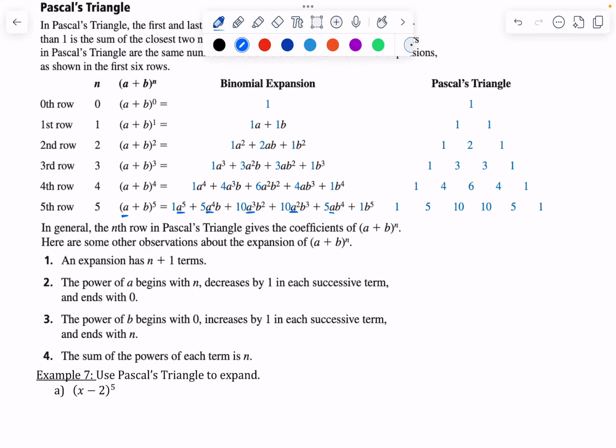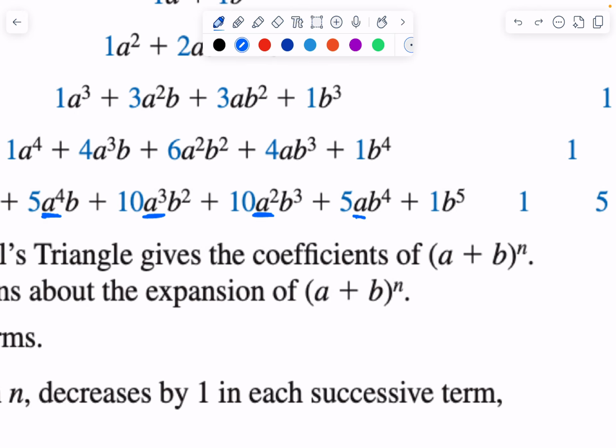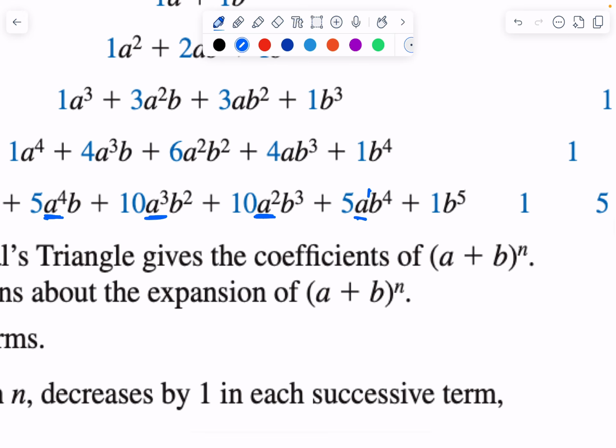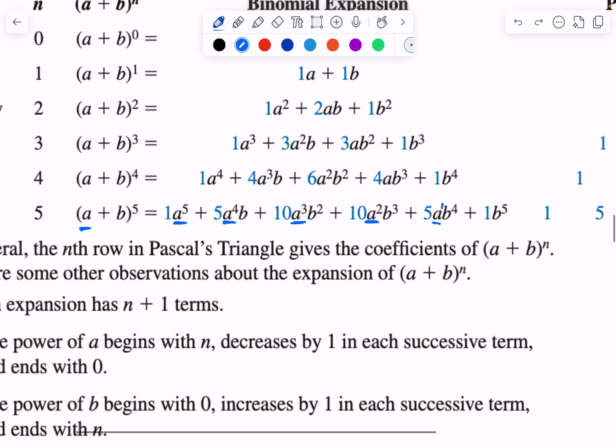Okay? So in this example, you started with a to the 5th, then the next term was a to the 4th, a to the 3rd, a to the 2nd. Right here, this is really a to the 1st. And then there's no a value here because the next one that would be in the pattern would be a to the 0, but anything to the 0 power is just 1, okay? So that's the first term in the parentheses.